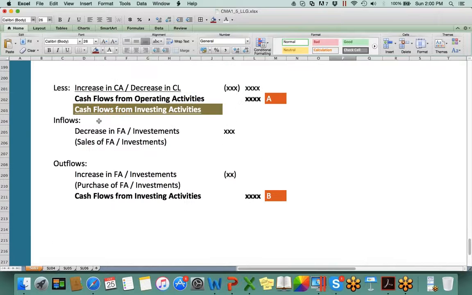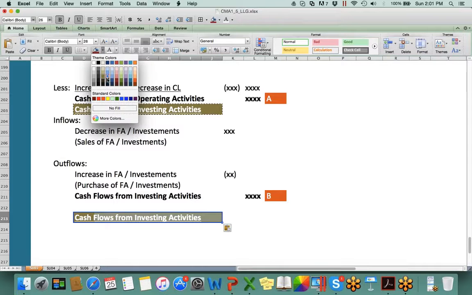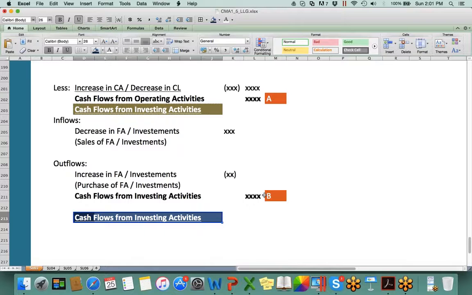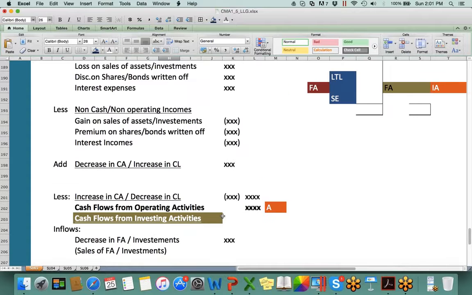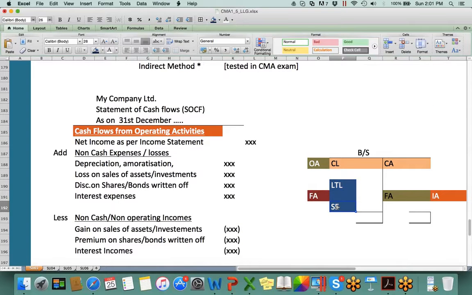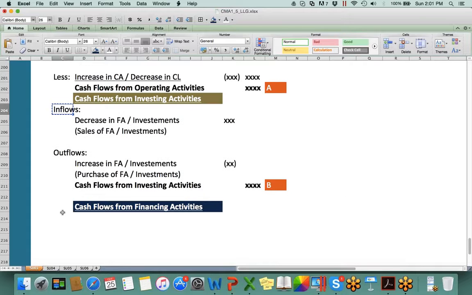What you need to do is find out the other areas, that is the shareholders equity area and long-term debt as well. So you have long-term loans and shareholders equity.